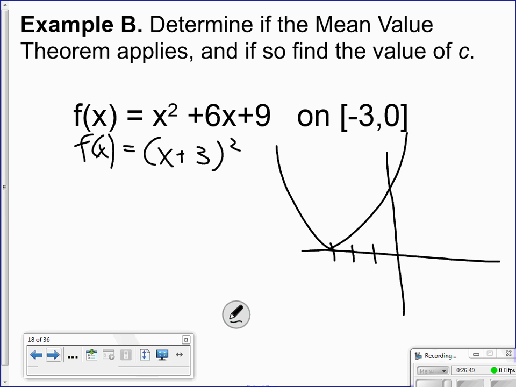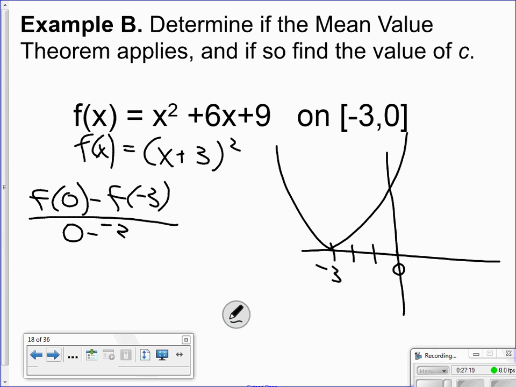Now we're trying to find the value c guaranteed by the mean value theorem on the interval from negative 3 to 0. What's the first thing I've got to find? The slope. All right, so the first thing I have to do is find f of 0 minus f of negative 3 over 0 minus negative 3.